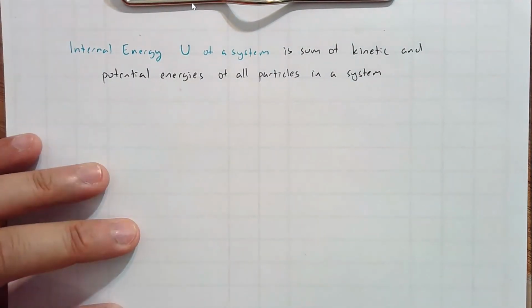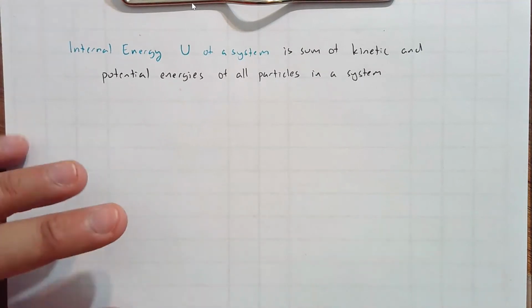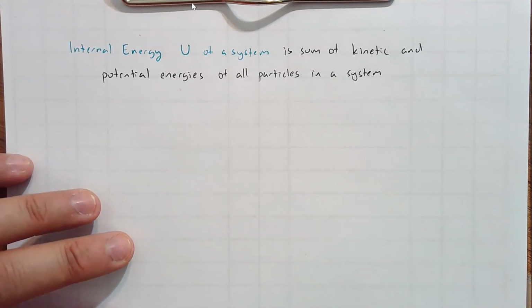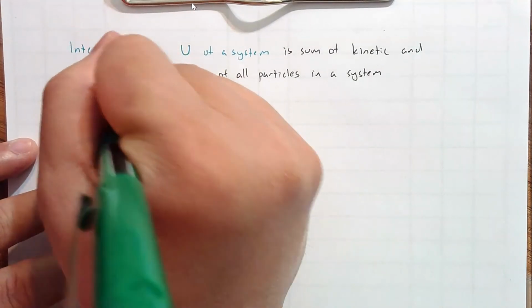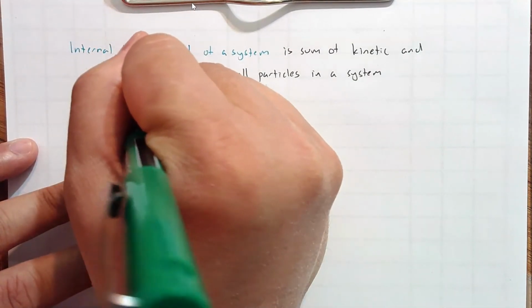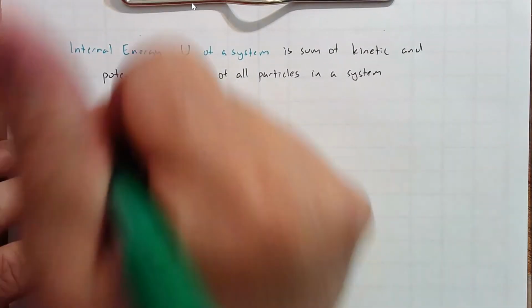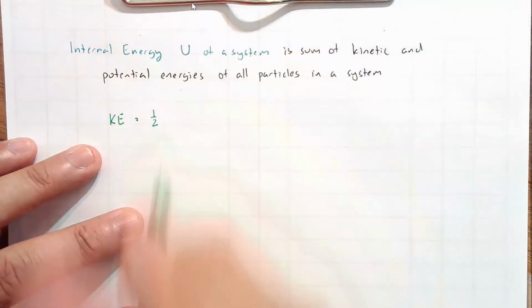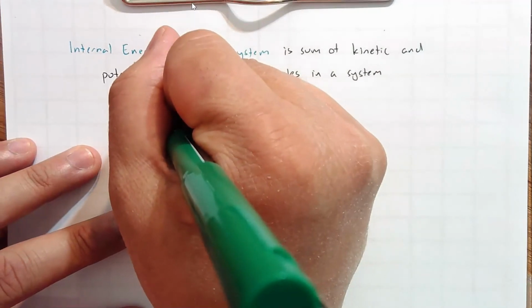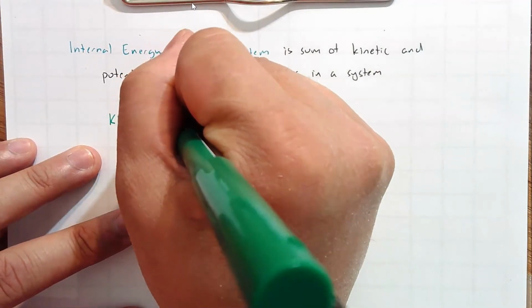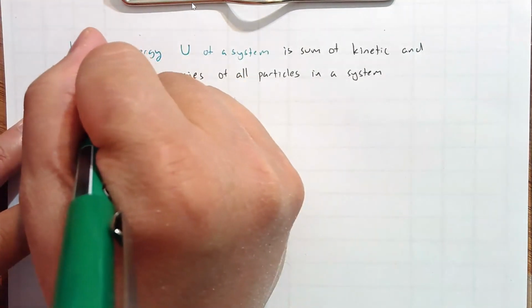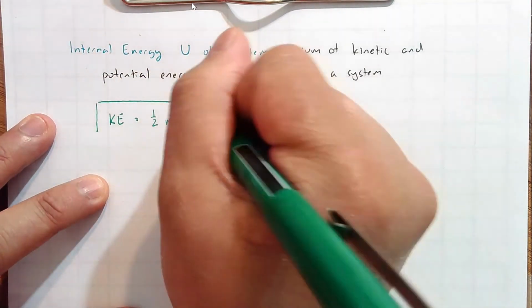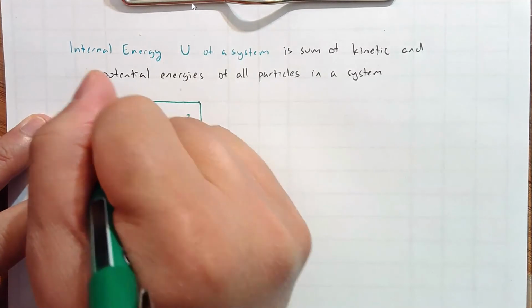Now, what is the unit of energy? Okay, let me give you an equation, and I do this typically. Most of my equations are going to be set off in green, and the first equation that we're going to see in General Chemistry 2 is kinetic energy equals 1/2 mv squared. We won't be using this a lot, but I want to use this as an example of how to do unit analysis.